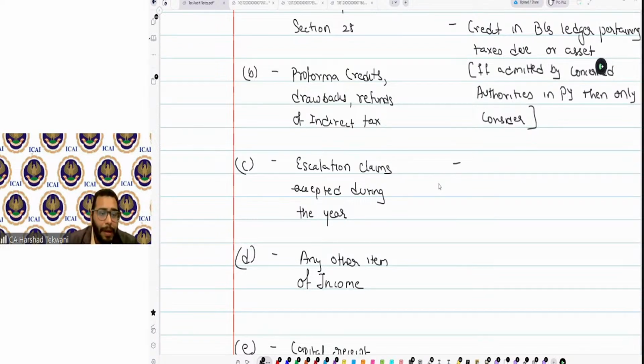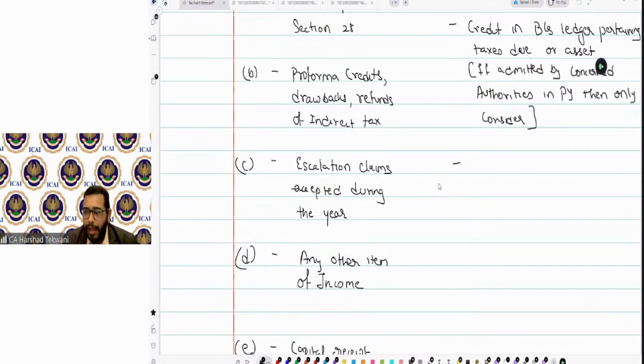Now, let's say, for example, I was supposed to receive 100 rupees. Now, because of the escalation claim, I am going to receive 120. But instead of showing 20 rupees as my receivable and passing the net impact into the P&L, I may adjust it against the cost that I'm going to incur. Or I may directly pass the amount into some other GL in the balance sheet.